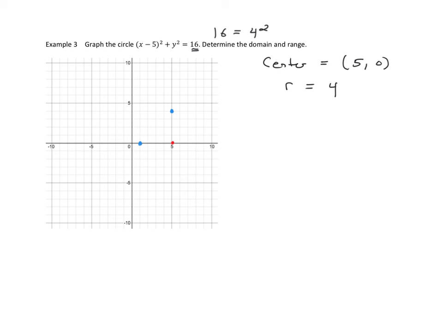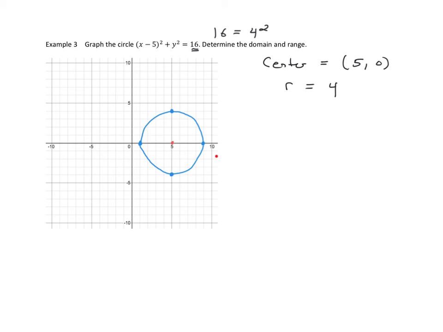You also get, if we go 4 in this direction, (5, −4). And then lastly, if we go 4 in this direction, we get (9, 0). I'll do my best to sketch the circle, but it goes through the points something like this. Not great, but you get the idea. It'll look better in MyLab.